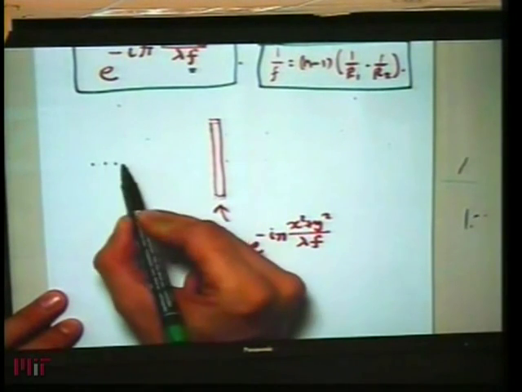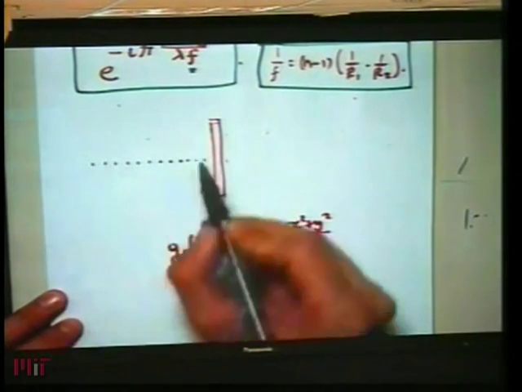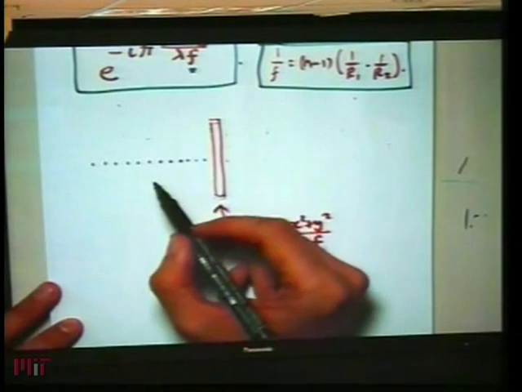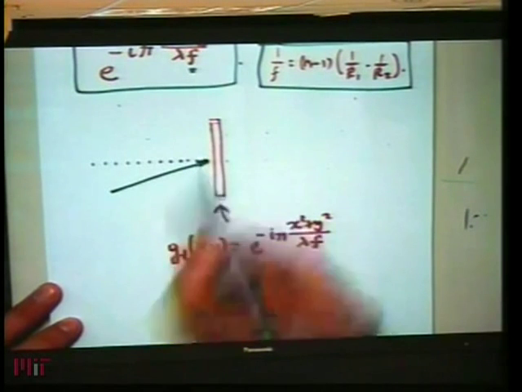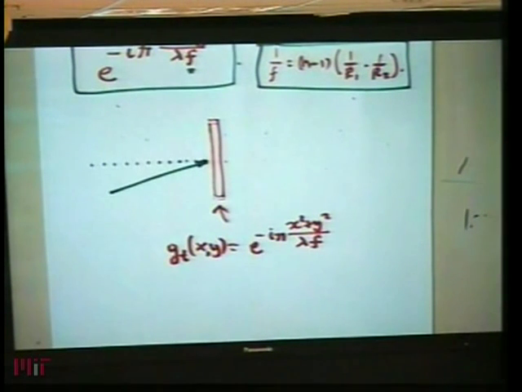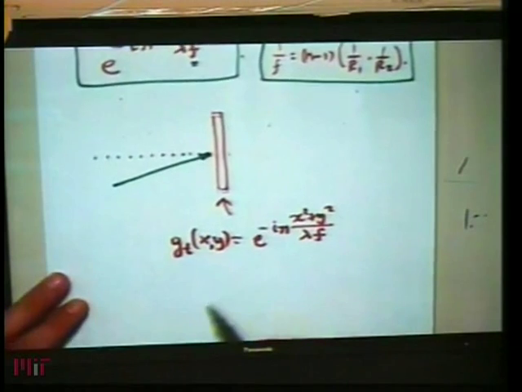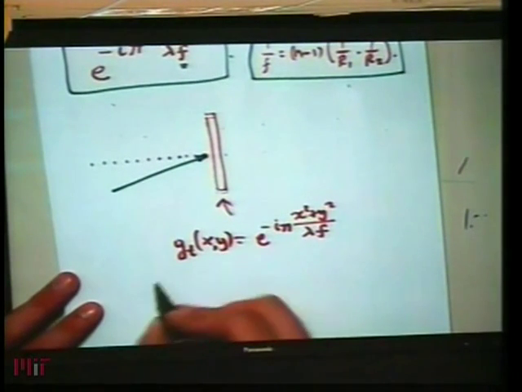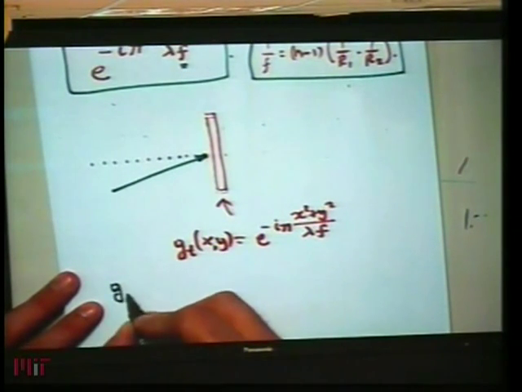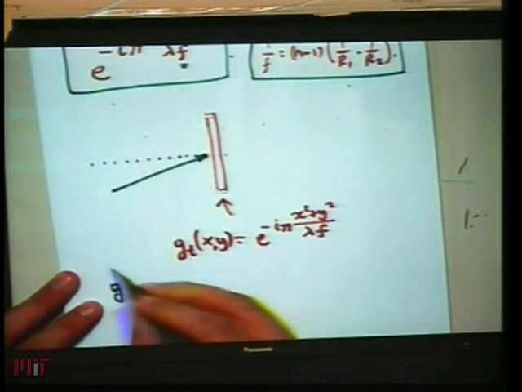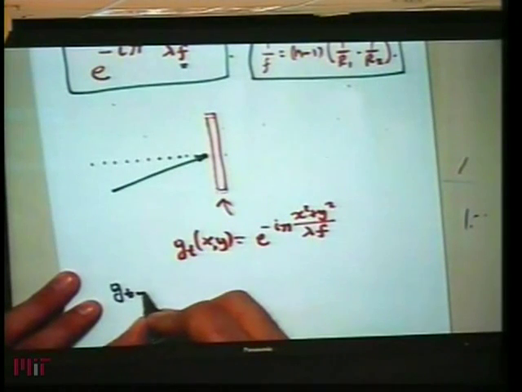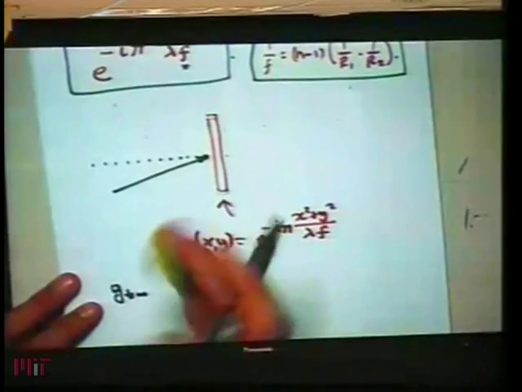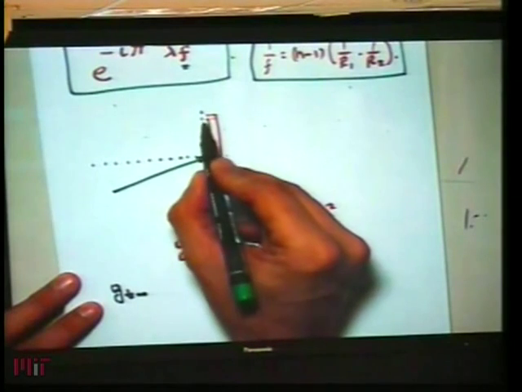And then we illuminate it with something. Let's start by choosing this something to be a plane wave. So here's the wave vector of this plane wave, and because it is propagating at an angle, we write it as G sub in. Actually, let me write it G sub T sub minus, because it is the field immediately to the left of the transparency, right?